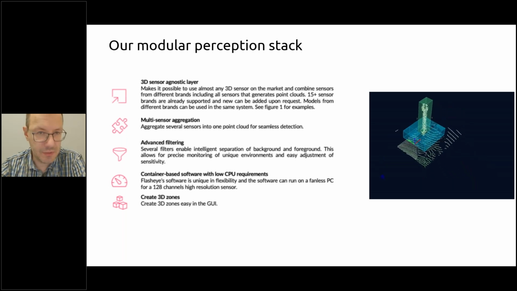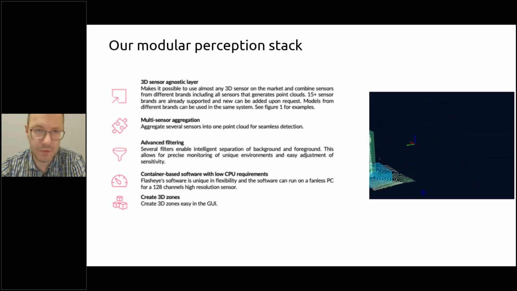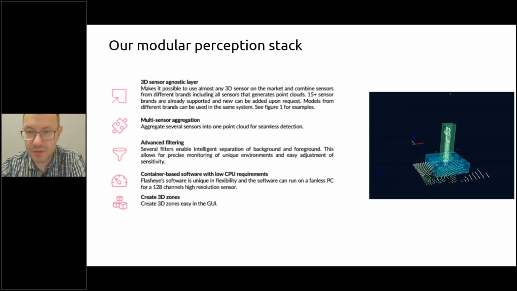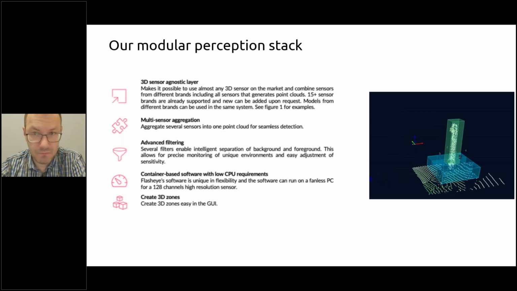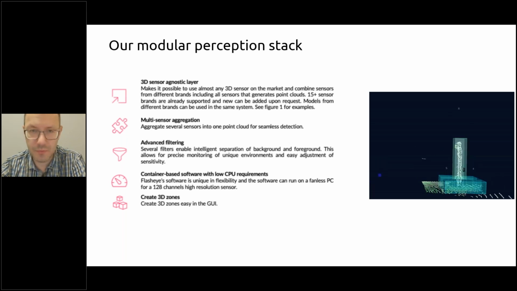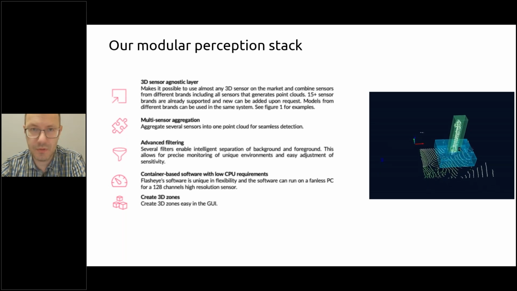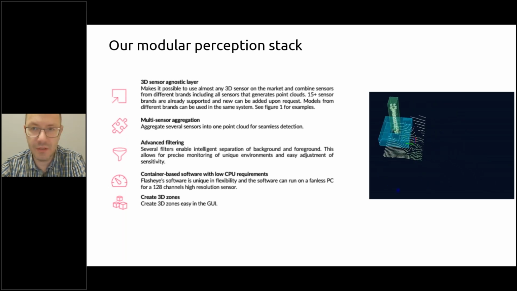And the next feature, which is one of the modules from our stack, is creating 3D zones without installing any software on your computer, connecting to the computer where our software is running.